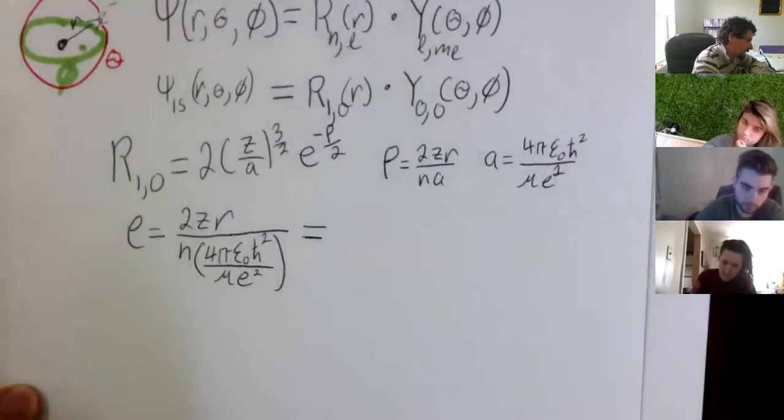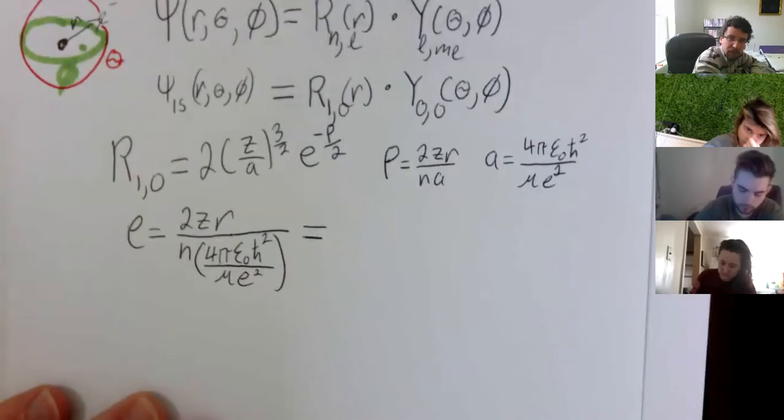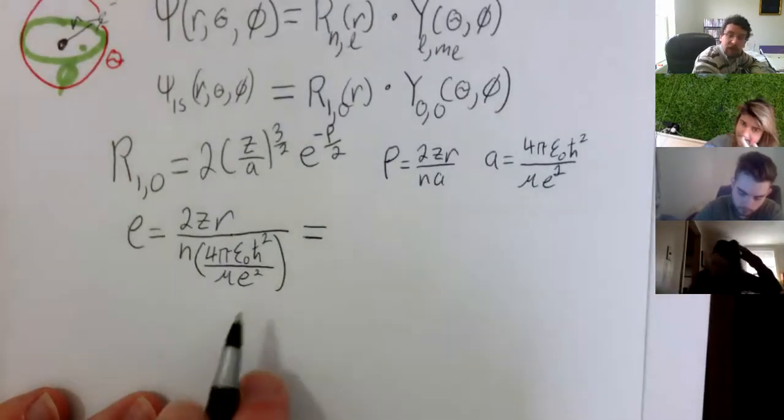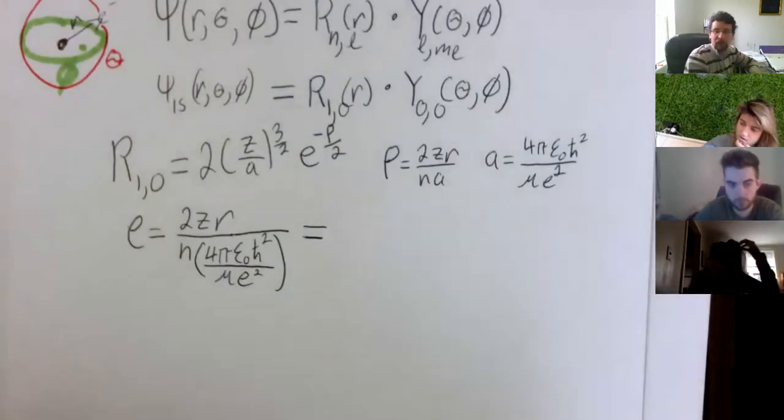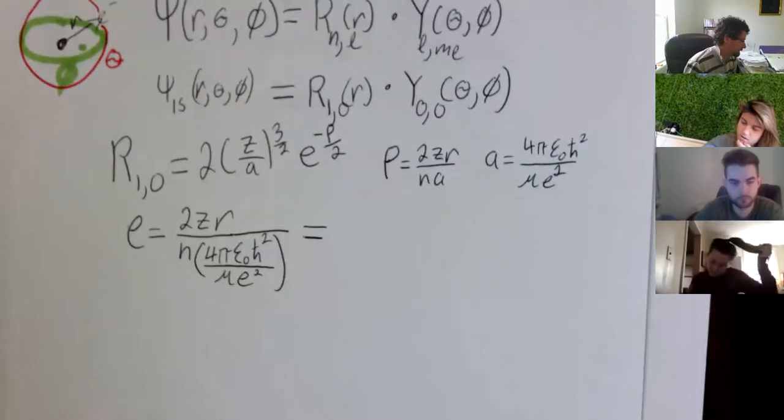Can you simplify that expression for me? Or tell me what's going to go up top, what's going to go on the bottom. Mu and e squared go up top. And the N, right? We could do that. Any other tricks that you would suggest?